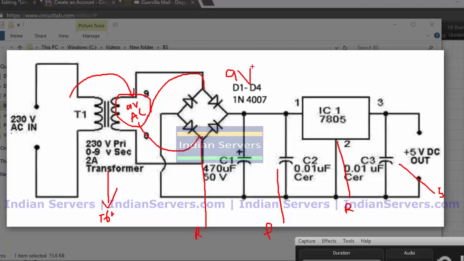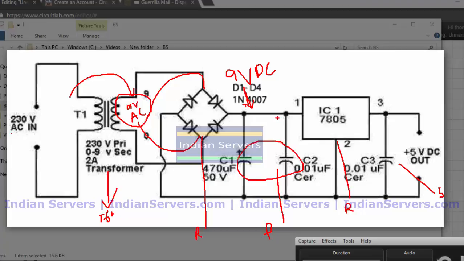So this is the rectification part. At the output of the rectifier we will get 9 volt DC. This 9 volt DC still contains some disturbances or ripples, AC ripples. These disturbances are removed by using capacitors. We already know capacitors will remove the voltage fluctuations.